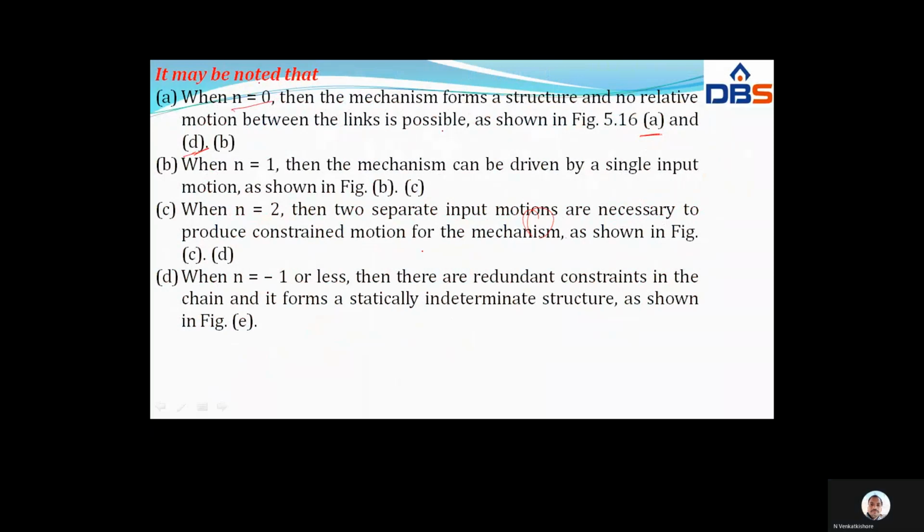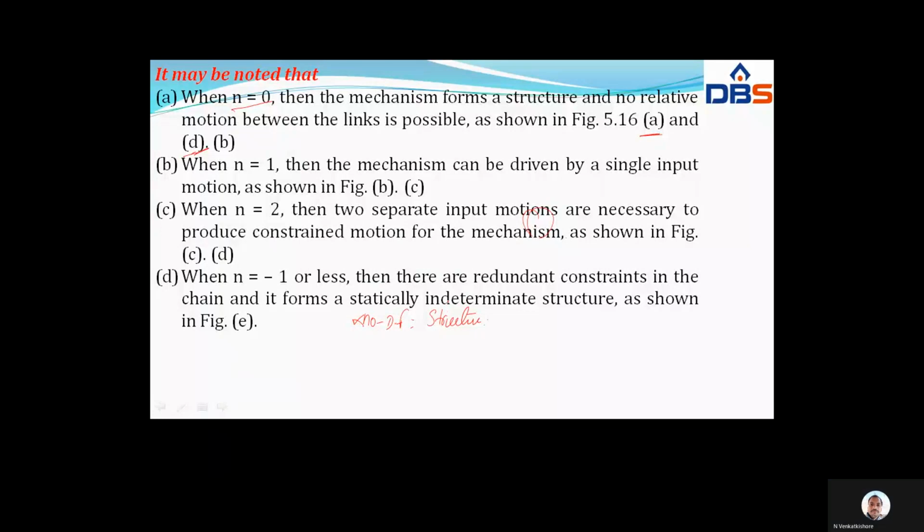That means no degrees of freedom. So it is called a structure or rigid one. No relative motion between them. So from one link to another link there was no relative motion. When no motion is there, it is called a rigid one or structure.